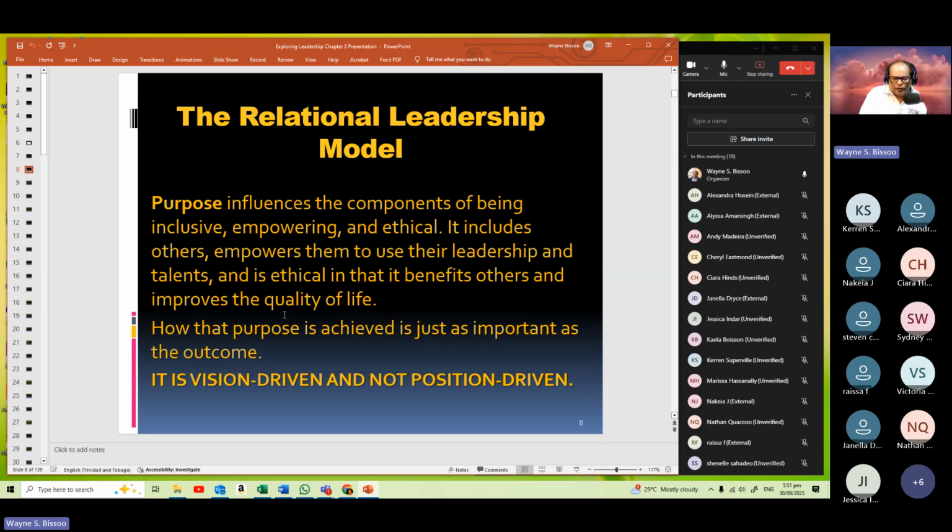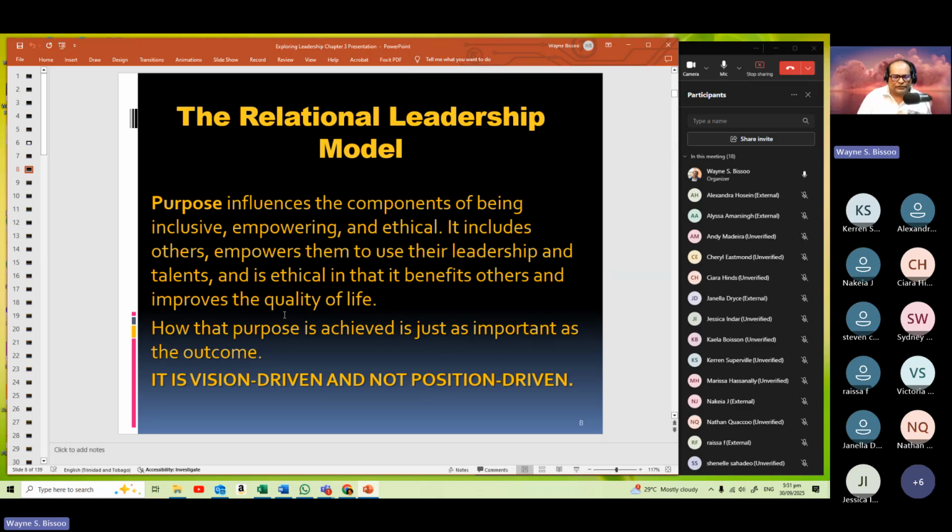Now, for those of you who did FYEC 100, you should have come across that as well. But there's a point that the model is saying there: in a lot of instances, organizations need to be vision driven and not position driven.